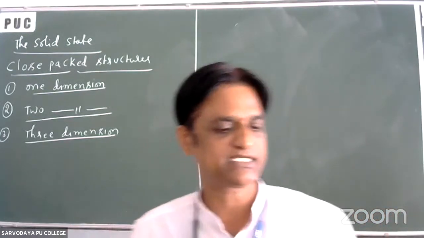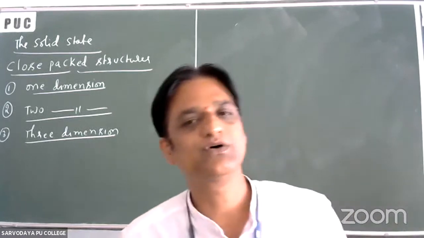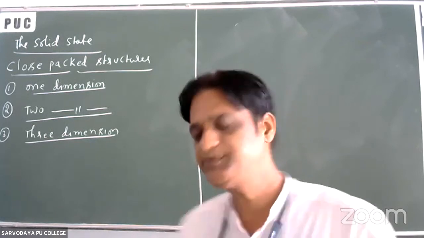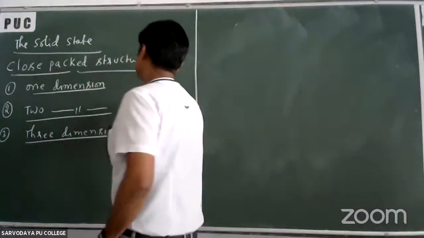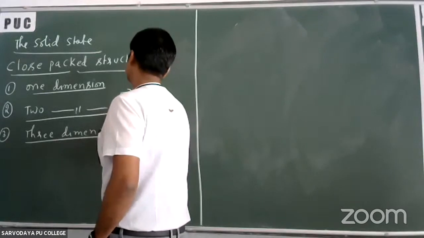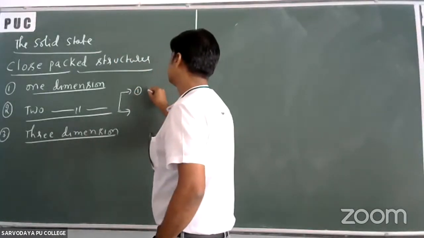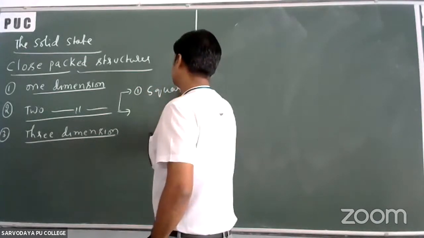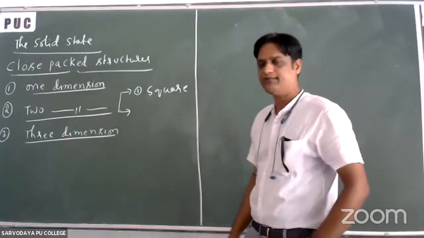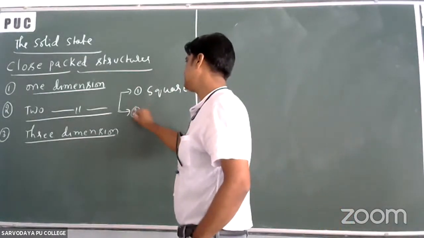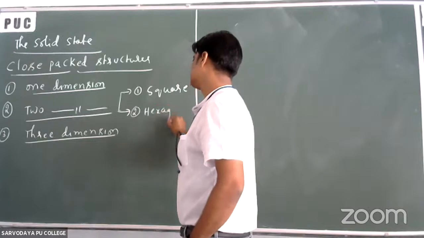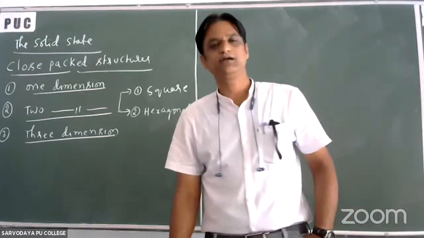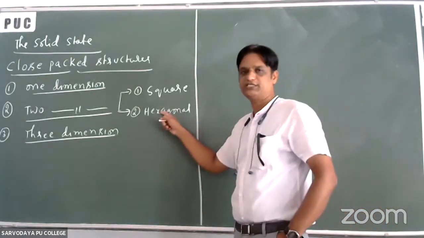Similarly, closed packed structure in two dimension. We can have two types. One is called square closed packed structure in two dimension, and the second one is hexagonal closed packing in two dimension.